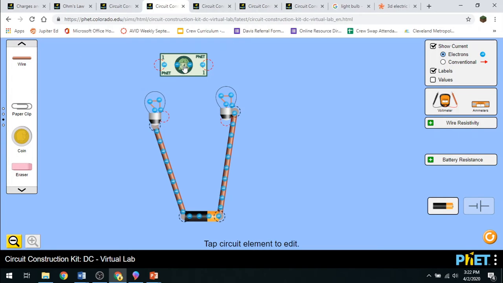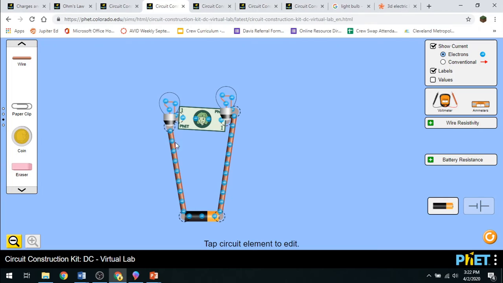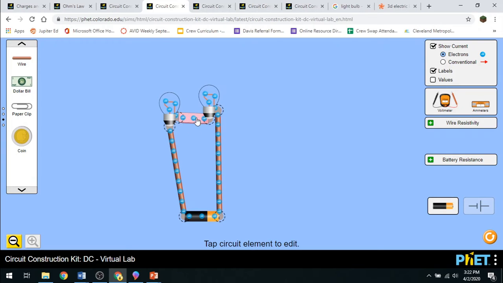But let's try some other stuff. For instance, let's try a dollar bill. Well, a dollar bill is an insulator. It's not made of metal. It doesn't allow electricity to pass through. Probably already figured that out. Eraser, same idea. Doesn't allow the electricity to pass through.